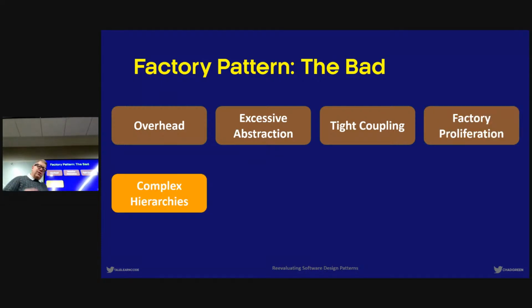They have a tendency to create these complex hierarchies. It's not unusual to see a factory pattern has a factory pattern has a factory pattern, right? Because, and again, it kind of goes in with the excessive abstraction. What do you mean, like a factory for factories? Happens all the time. So I'll use my engine example. I need to be able to create a gas engine, a diesel engine, all these different types of engines, right?